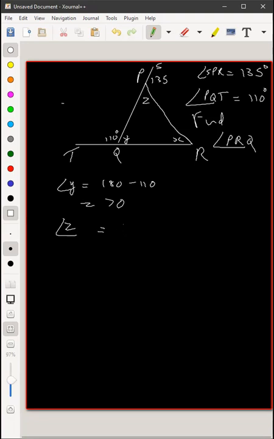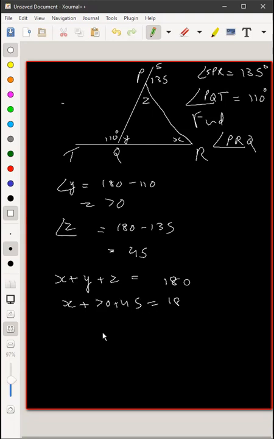Sir, 180 minus 135, which is 45. And what is x plus y plus z? 180. So what is the value of x? 180 minus 115 is 65.